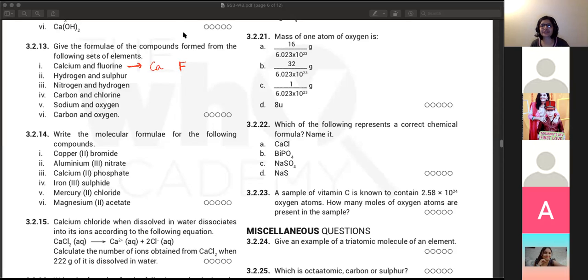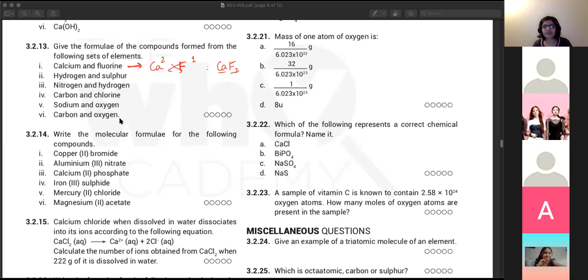Yes, Arushi, the valency of calcium? 2. And the valency of fluorine? 1. So the compound formed between calcium and fluorine will be calcium fluoride. CaF2. Very good. Using the criss-cross method you get CaF2, and the name is calcium fluoride. Awesome.